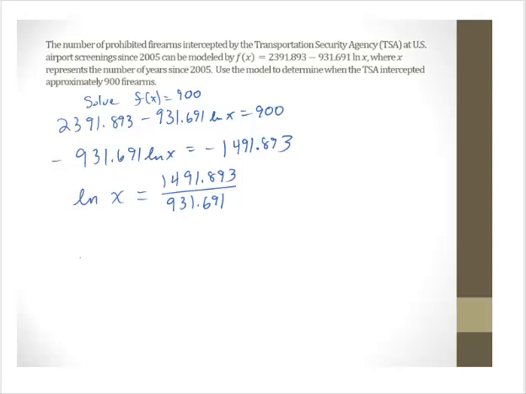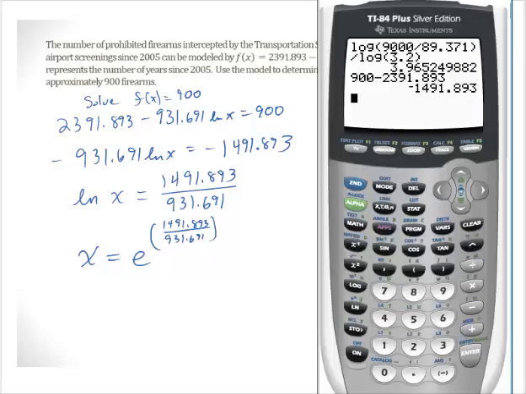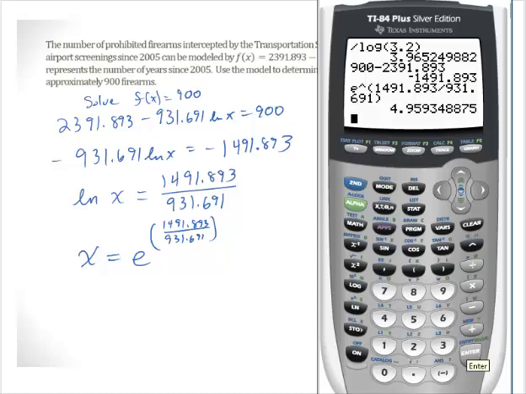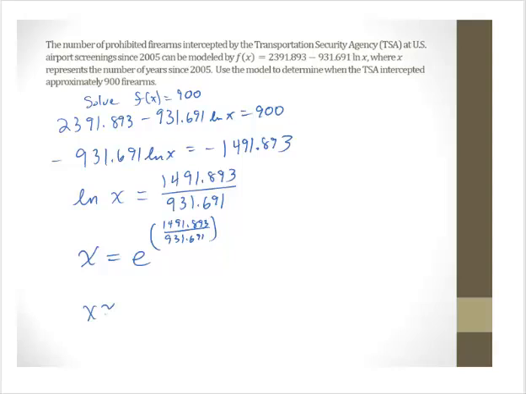I want to solve for x. I'll convert this to exponential form. So then x would equal e raised to the 1,491.893 over 931.691. Now I'll approximate that. So x is approximately 4.96.